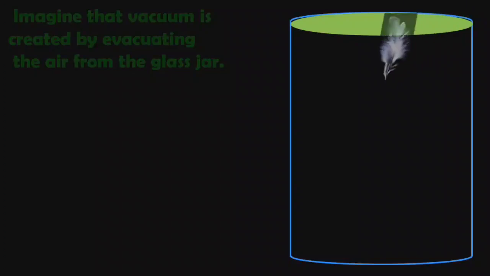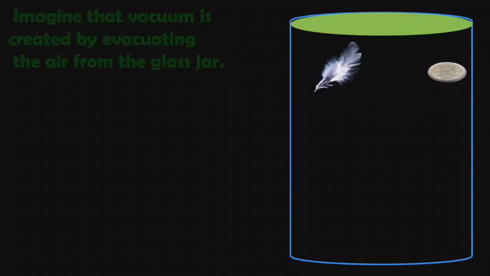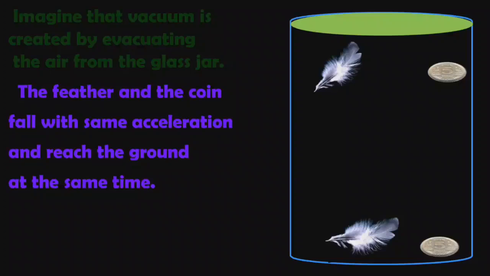Now we take one feather and one coin. By releasing the feather and the coin at the same time inside the jar, we observe that they reach the bottom of the glass jar simultaneously. The feather and the coin fall with the same acceleration and reach the ground at the same time.